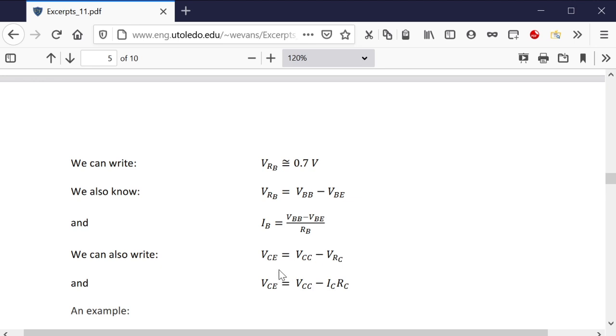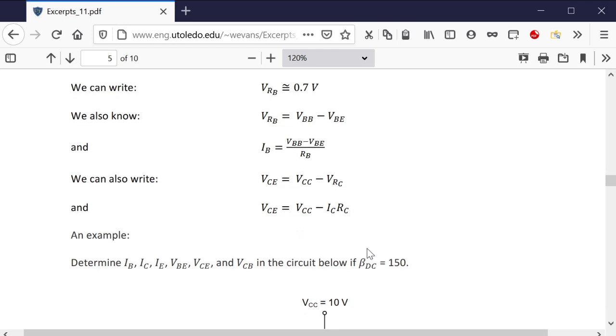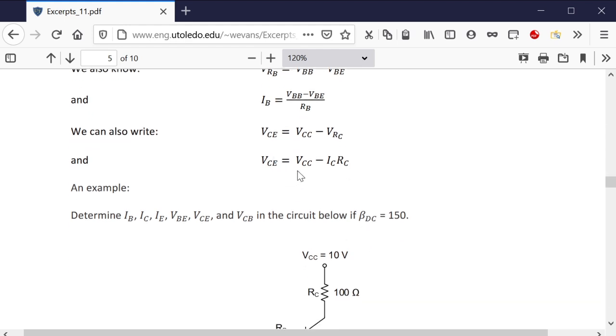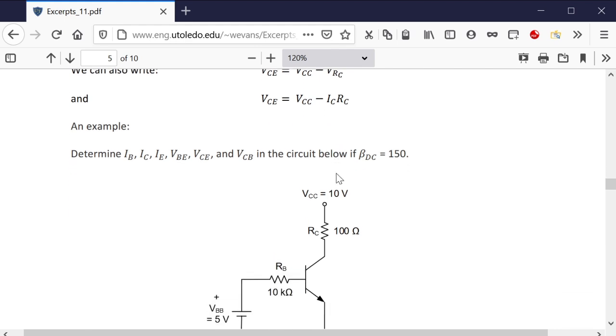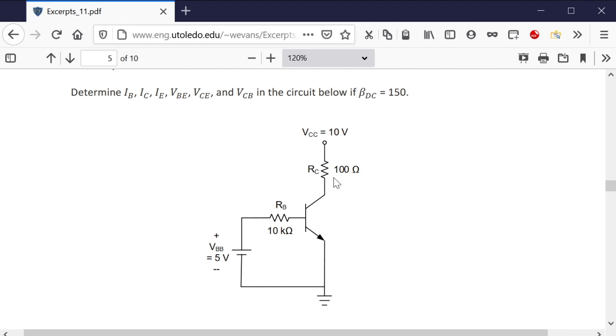We can also write VCE, the voltage across the transistor, as VCC minus IC RC. Those are the equations that you can use to find out where we're at with our voltage across VCE. Okay, so here we are given beta.